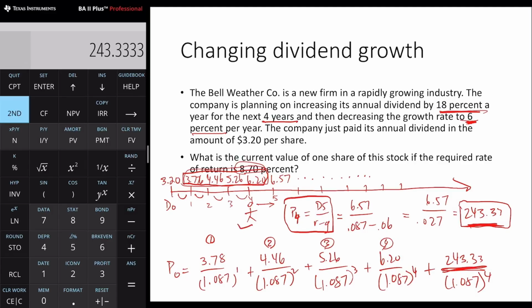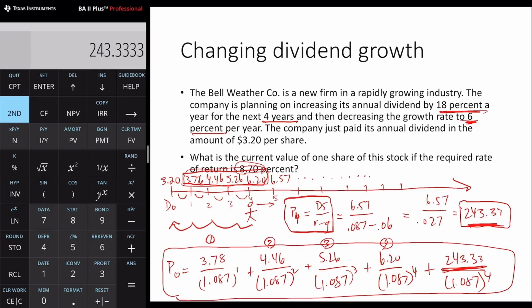We're standing here, 1, 2, 3, 4, brings us back to time 0. And this entire sum is the price that is represented today, the price at time 0. All right, so this problem you can see is pretty long, pretty drawn out, has multiple parts, but obviously the real world is more complicated, and this is about as complicated as we're gonna get.